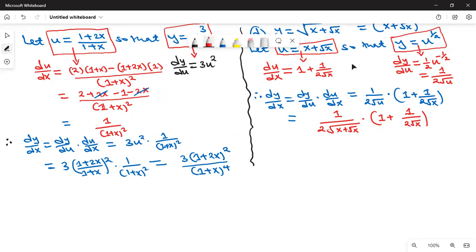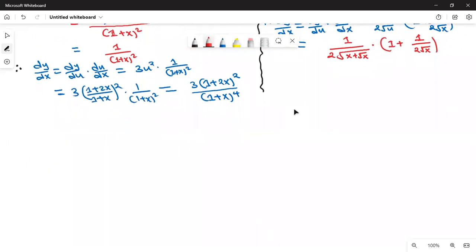Now, I want to give you the simplest method of applying the chain rule without having to say let u is equal to this so that y is equal to this one. It is what we call the direct chain rule. So let me write it down here.